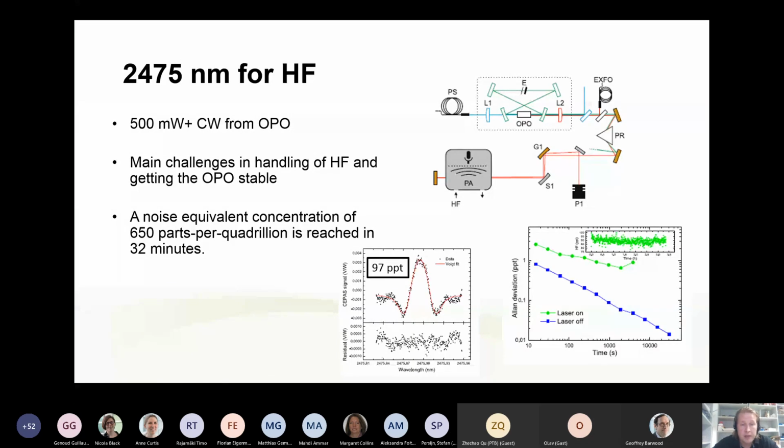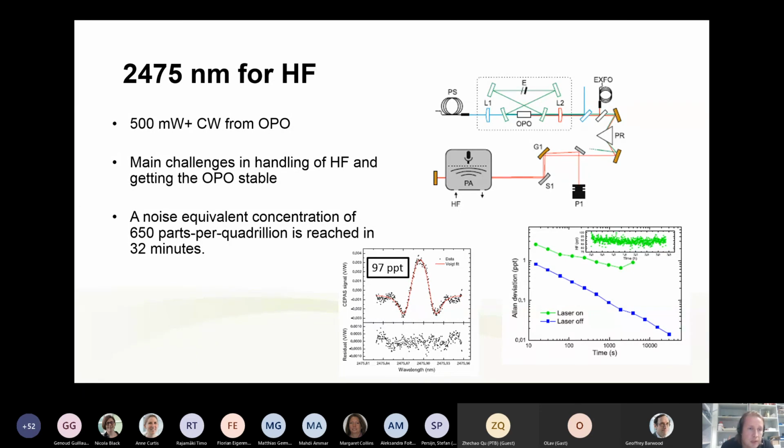On the other hand, hydrogen fluoride, as was explained, is a very difficult gas to handle. The main challenges in this work were handling of hydrogen fluoride and stability of the OPO. But once we were able to get hydrogen fluoride into the measurement cell and the OPO was working, the results turned out to be quite impressive from a raw sensitivity point of view.